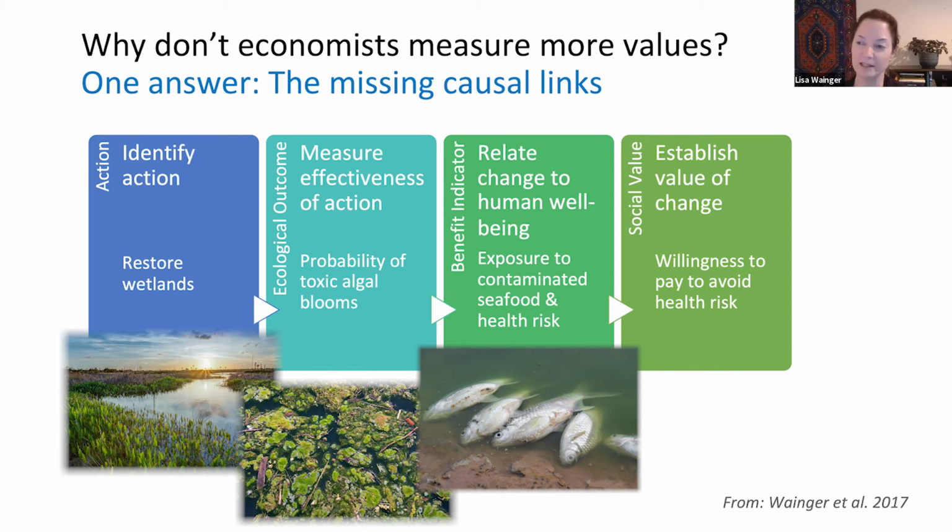And we'd like to do this because we don't necessarily want to ask people directly about toxic algal blooms, because they may not really have a deep understanding of what that means to them. But if you say to them, what's your willingness to pay to avoid getting sick from bad seafood? Well, that's something that they have more familiarity with, and they're going to be able to value that more accurately. So that's why we would like to translate these things into something that people have familiarity with.